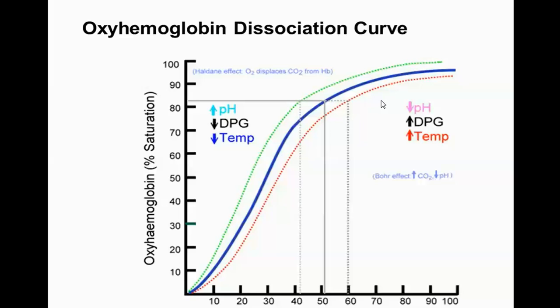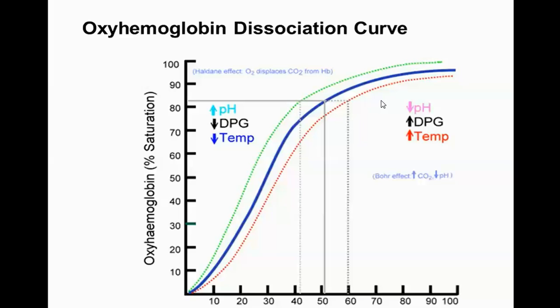The critical point, and you should understand this: when a patient's saturation on the monitor is 92-93%, it's okay. Once saturation decreases to less than 92%, it's very critical for me. Why? Now I lost the plateau portion.